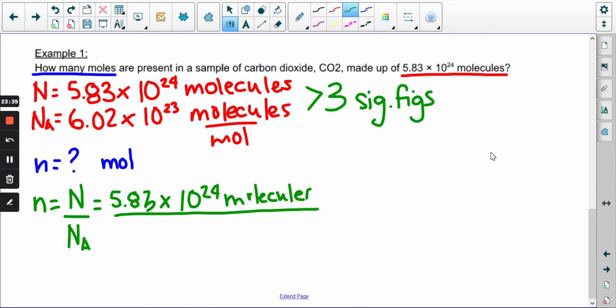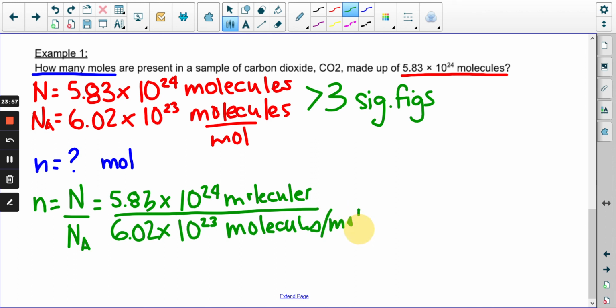Okay, Avogadro's number, 6.02 times 10 to the 23. You're going to really remember that number after today. Again, that is molecules per mole. One mole of a substance contains 6.02 times 10 to the 23 particles.